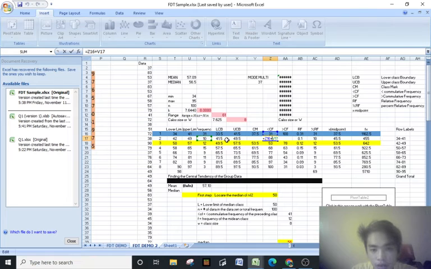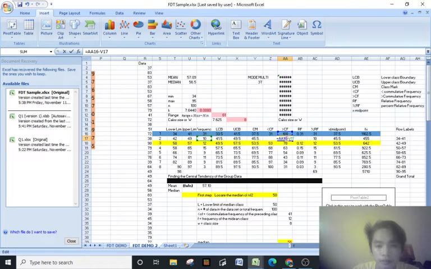Click enter. So it generates 41, 53. To get the greater than CF, just paste the max number, the count, so 100.